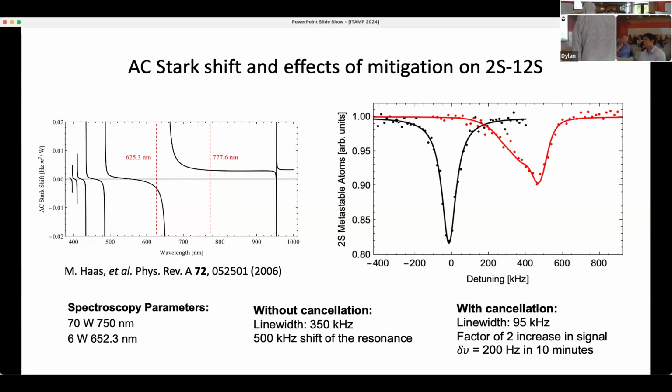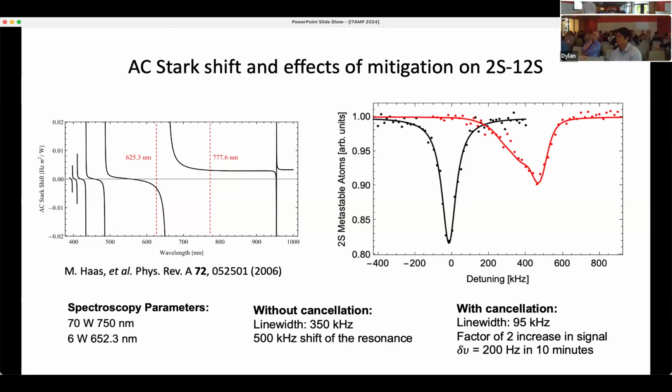When we put this into our apparatus, we see that this is what the transition would look like, severely distorted. But then with this AC Stark shift cancellation, we can get a very narrow transition, which also has a much increased amplitude, just because we don't have the transition moving as we're trying to measure it. So in a sense, this is a very technical approach.